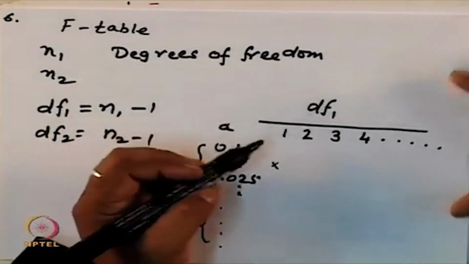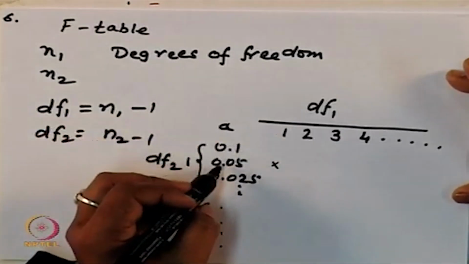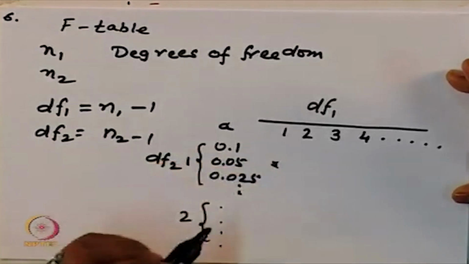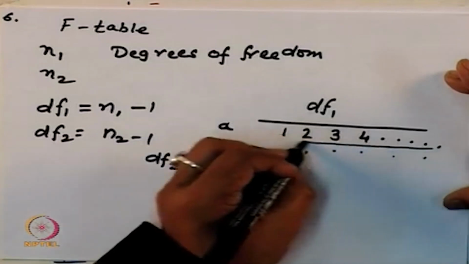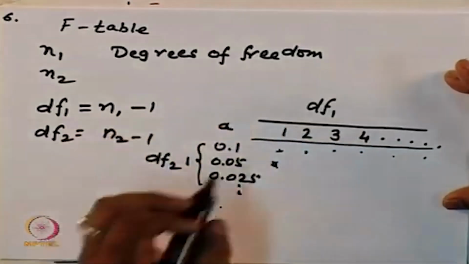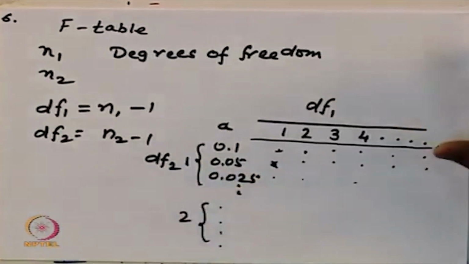For example, if my df1 was 1 and df2 was 1 and my significance level was 0.05, then this is the value I will choose. So, you have values written for all of this, for each combination.